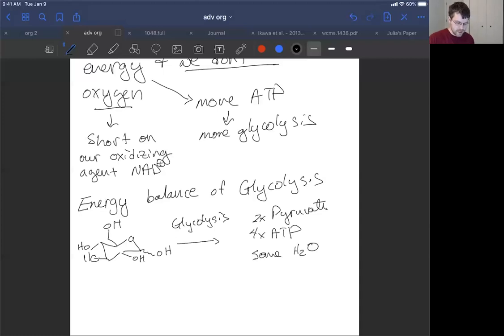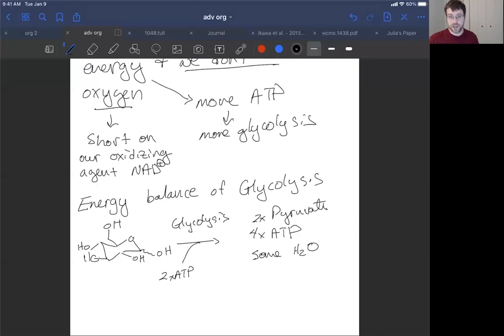Now, for glycolysis to work, we had to plug in 2 ATPs to make our 1,6-bisphosphate, which then underwent the retroaldol and that sort of thing. We then split the molecule in half to DHAP and GAP. DHAP goes to GAP, so we have 2 GAPs, which we then took to pyruvate.